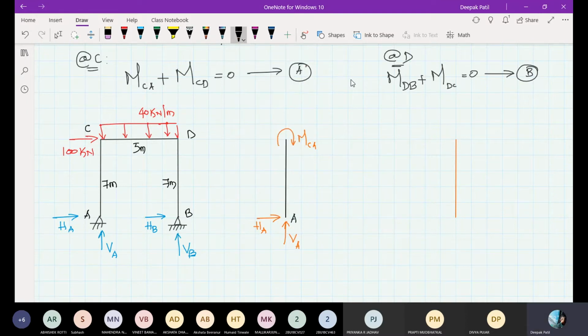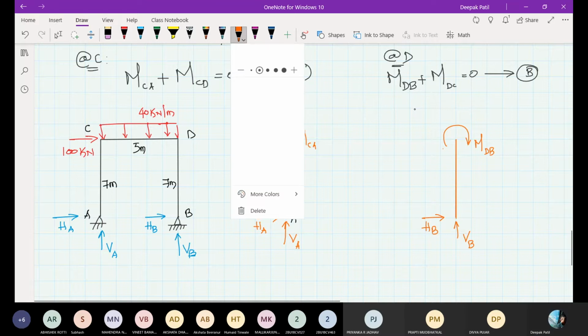So this is your point A and this is your point C. Similarly, if I try to write the free body diagram of BD, it will be something like this. So MDB, I don't know, it will be something like this. MDB, and here I have the vertical reaction VB, and here I have the horizontal reaction HB.